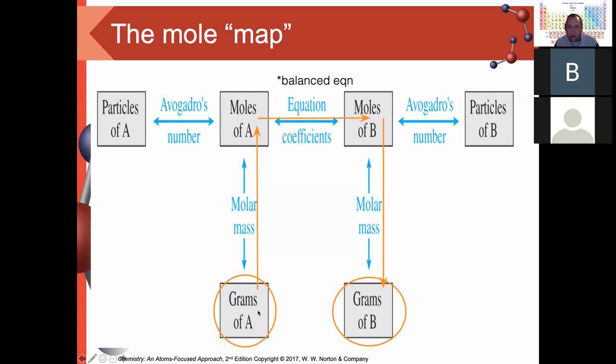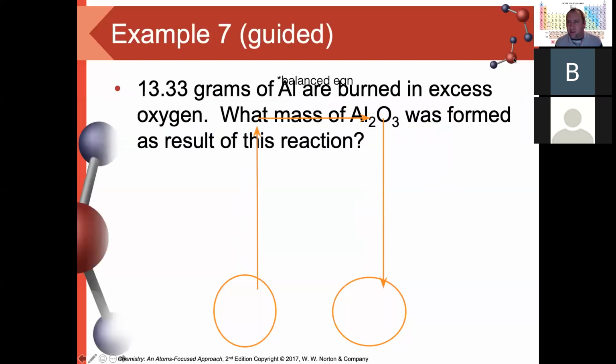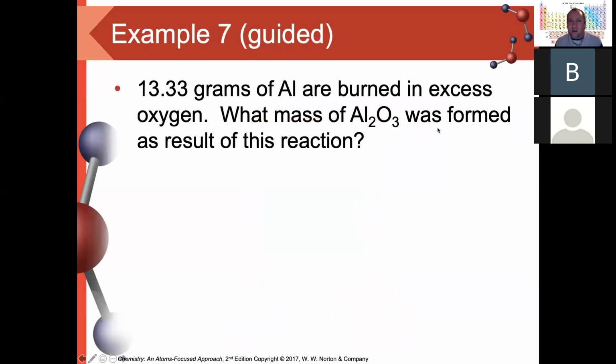If I follow the logic here, 1, 2, 3 arrows means I'm going to have to do 3 conversions, 3 bars in that dimensional analysis. That's really all that stoichiometry is: an extension of dimensional analysis to talk about reactions and the quantitative nature of those reactions. So let's take a look at an example.